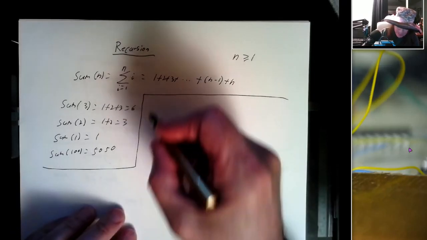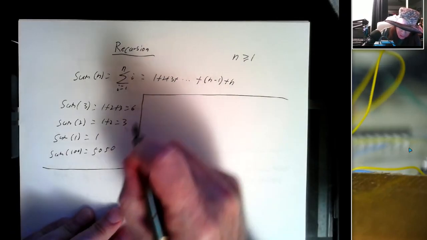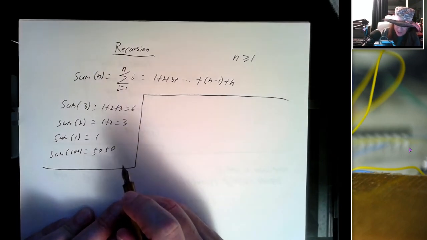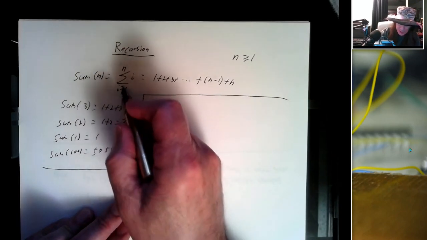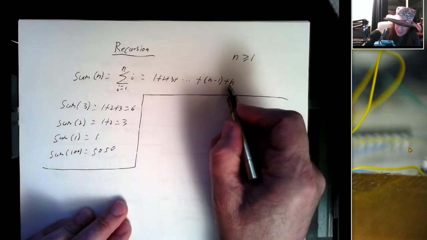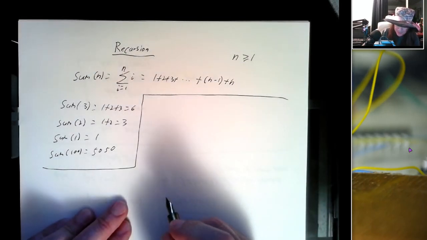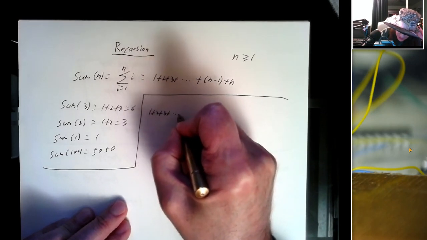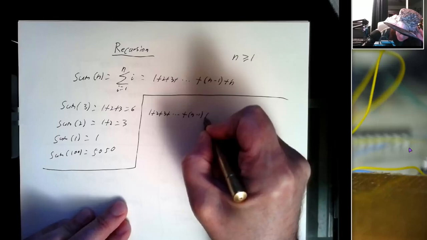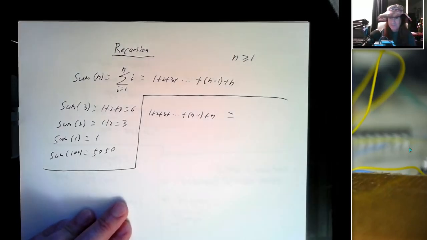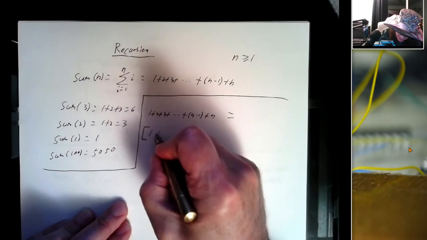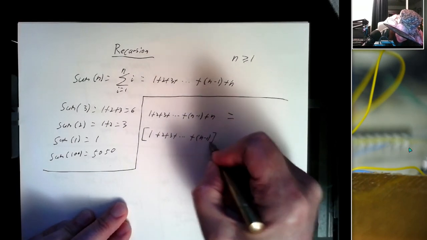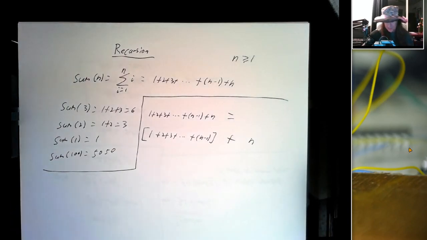So we know that if we add up the numbers from i equals 1 to n, that's the same as adding the numbers from 1 to n minus 1 and then adding this extra number on the end. In other words, 1 plus 2 plus 3 plus ... plus n minus 1 plus n is the same thing as this, plus n.